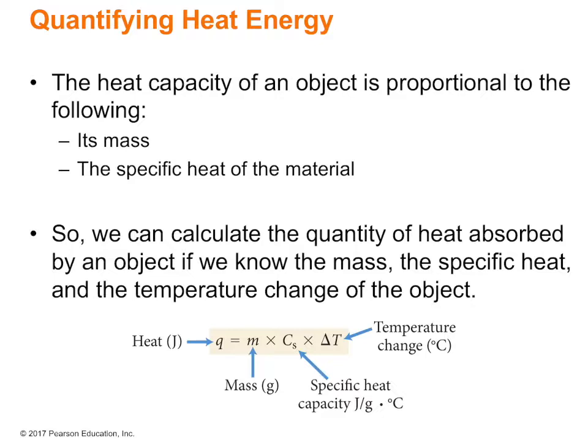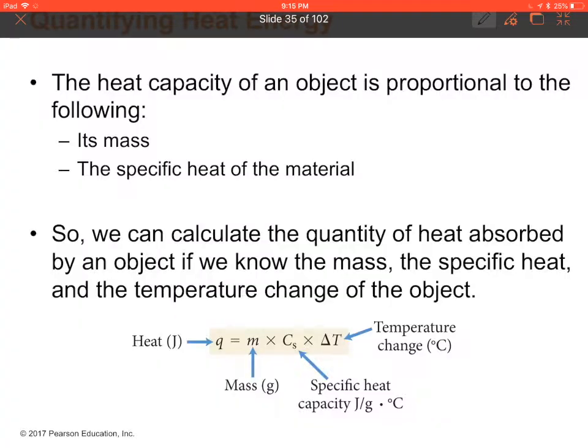Q is the amount of heat in joules. m is the mass of the substance given. C_s is the specific heat. Remember, this is different for any type of compound. So for water, that would be 4.18. For iron, it'd be 0.1. And then ΔT is the change in temperature. Notice the temperature is in Celsius. It's not in Kelvin. So you've got to be careful with that.